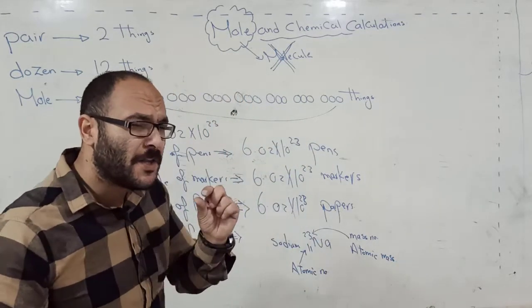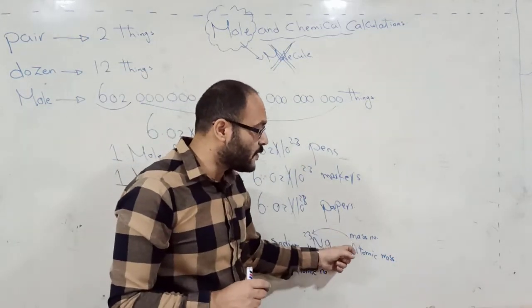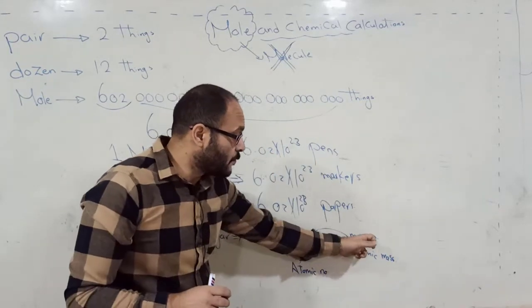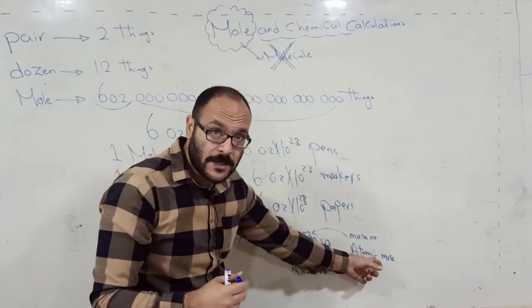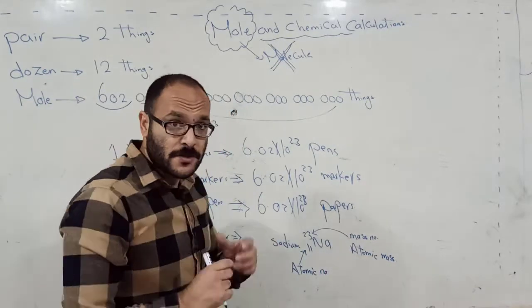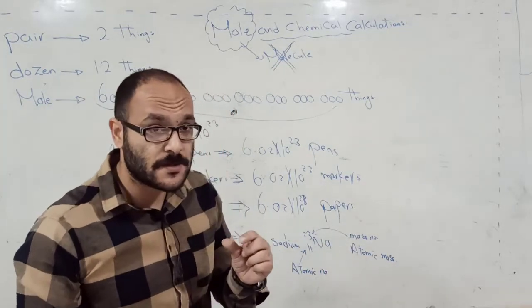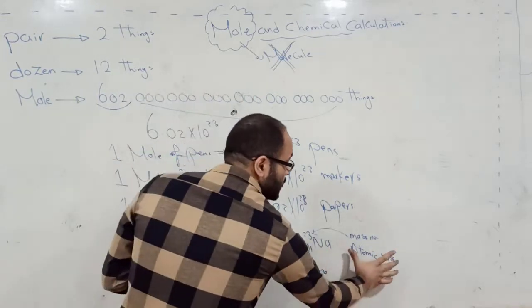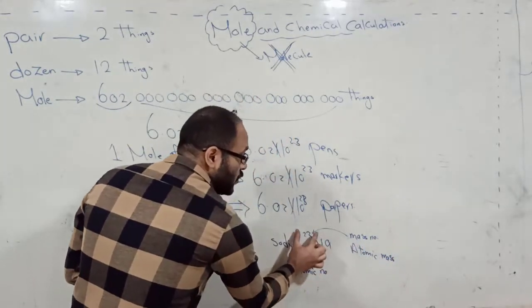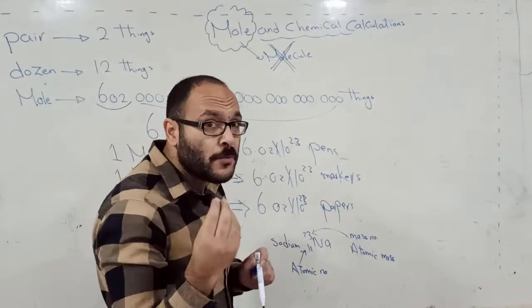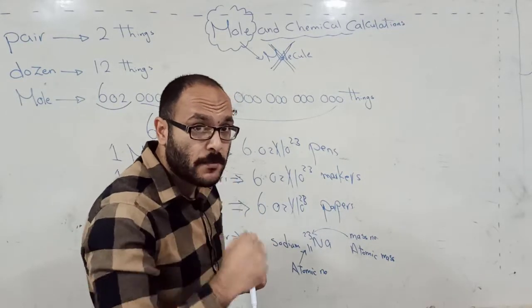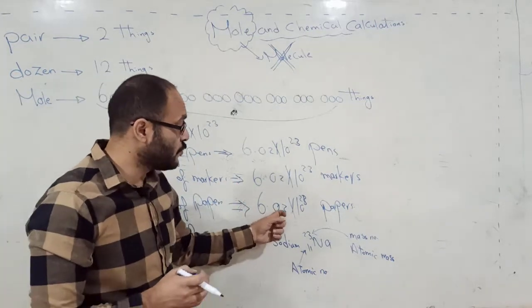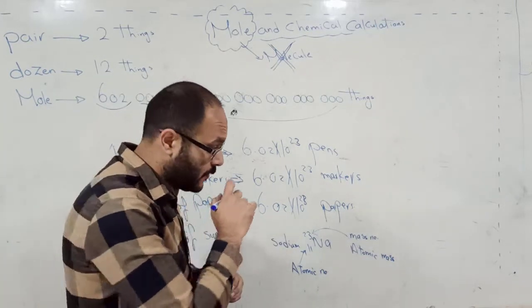Actually, there is a little difference between them, but it's not our topic today. So mass number equals atomic mass. Avogadro, a scientist, said that if we took the atomic mass in grams, now you have 1 mole, or now you have 6.02 times 10 to the power 23.